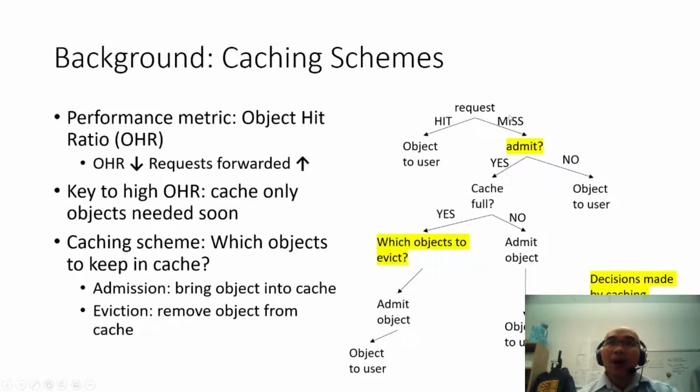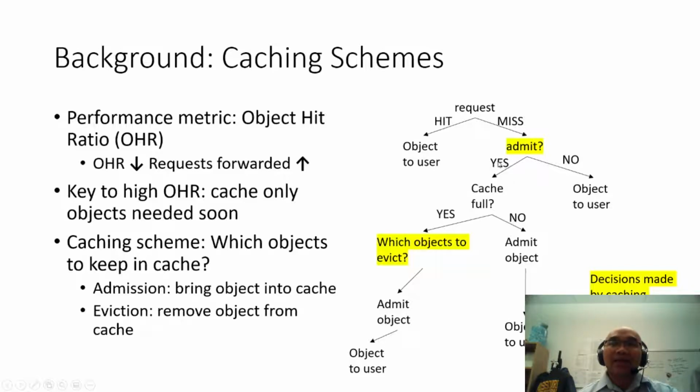But if the object is not in the server, then once the server receives the object from the content provider, the server has to decide if it is going to admit the object into the cache or not. If the decision is to not admit the object, then the server will just send the object to the user.